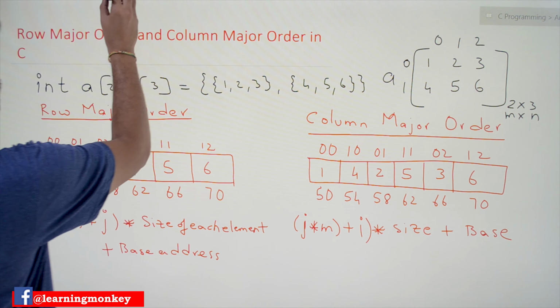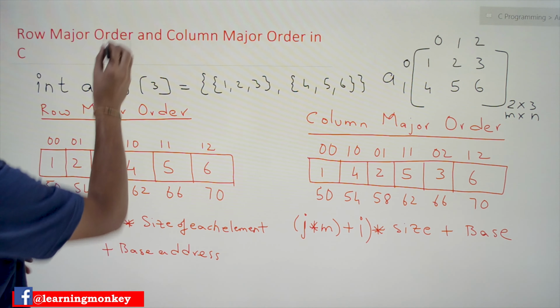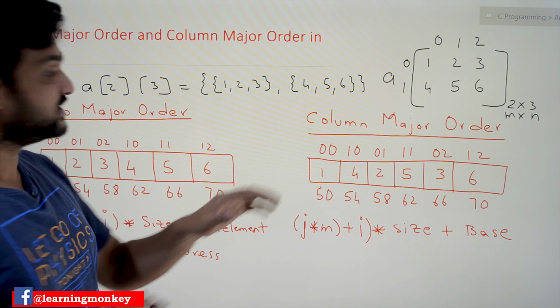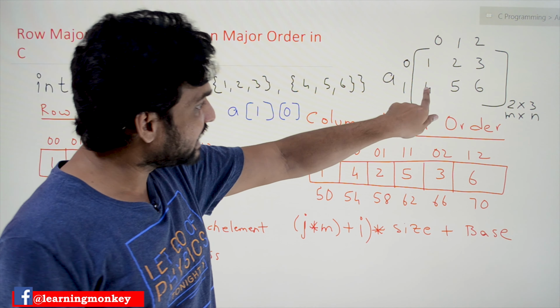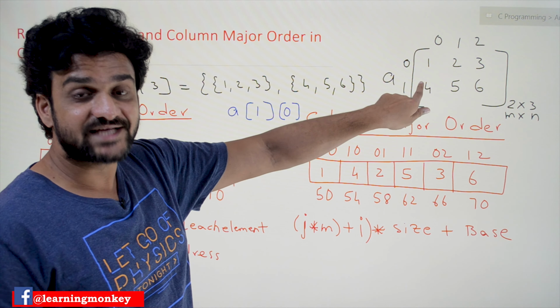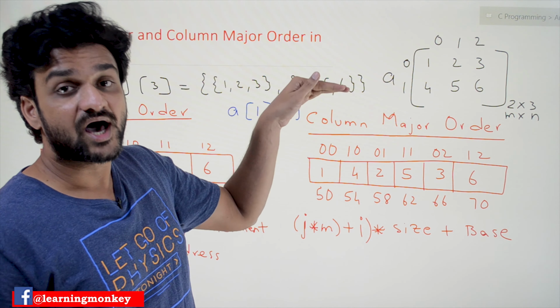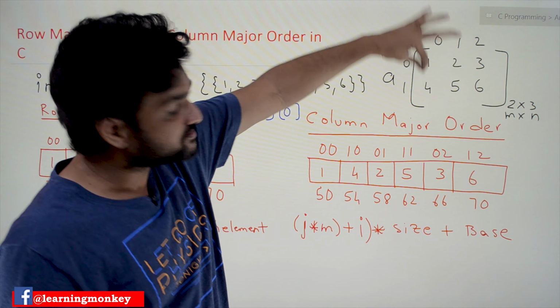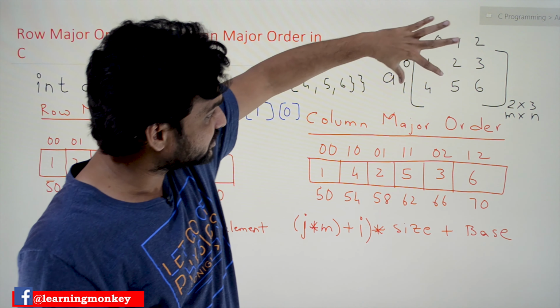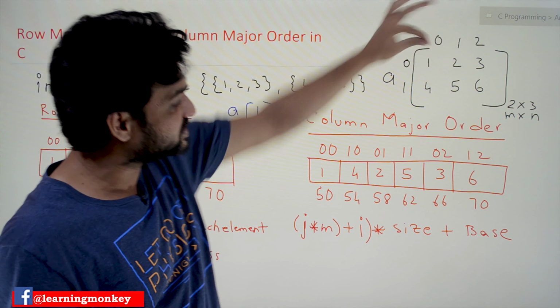What the compiler has to provide efficiently is this: the user will always provide the values of the indices. For example, if he wants to access 4, what does he have to give? He has to give the row and column junction point. The first row and the 0th column junction point is 4.